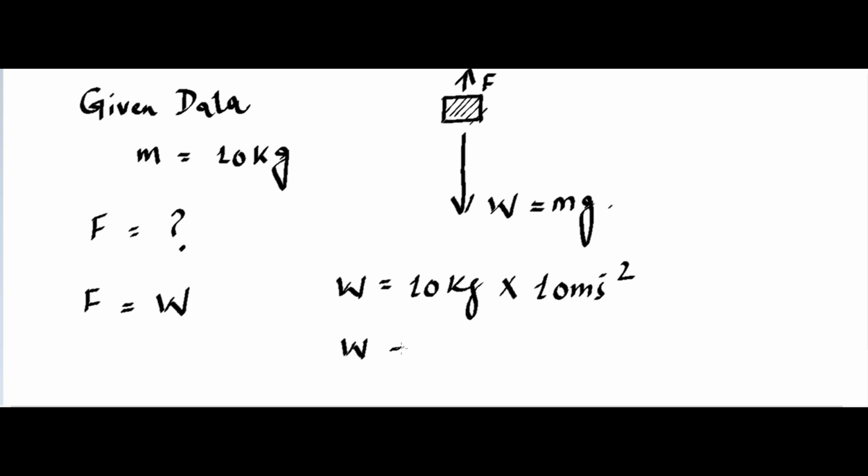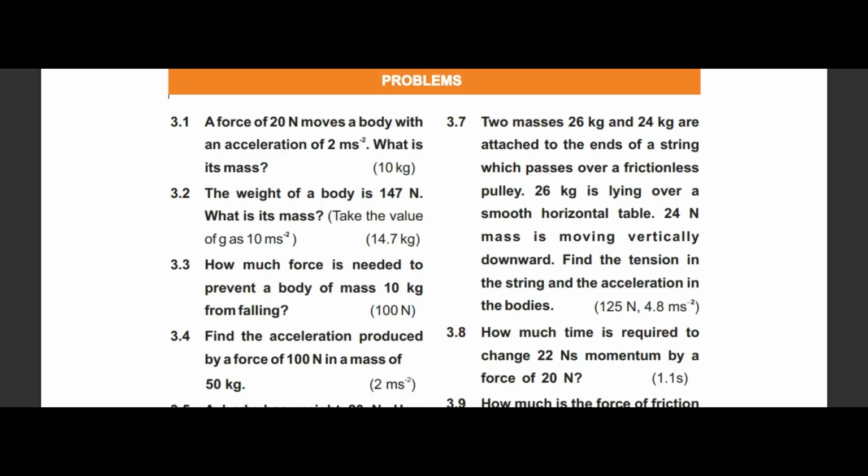So weight of the object is 100 Newton. This is the force with which Earth is pulling the object towards its center. To prevent the object from falling, we have to apply same force in the upward direction. So the force needed to stop the object from falling is equals to W, and it is equals to 100 Newton. Now let's see the numerical 3.4.